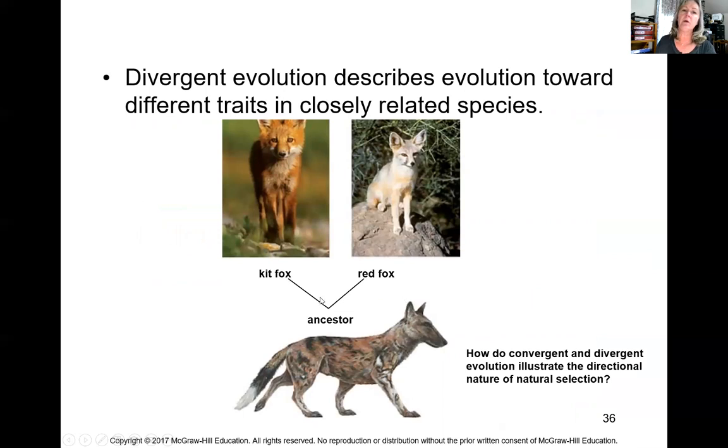So when we look at the differences in organisms, we'll talk a lot about common ancestor. Let's say you had this population, and it's the same thing that happened with the lizards. Let's say you have this population of this animal that, for whatever reason, it may be that the population grew so big that the environment wouldn't support it.